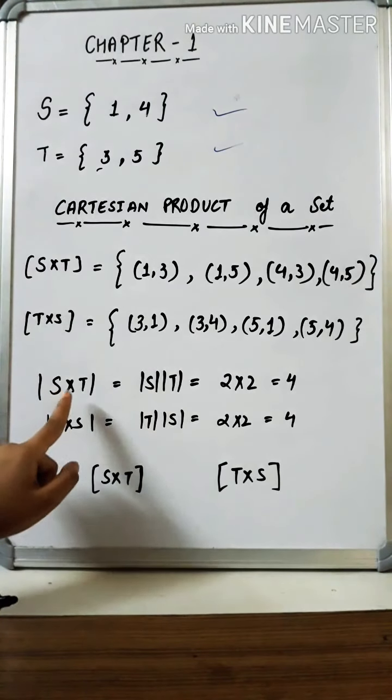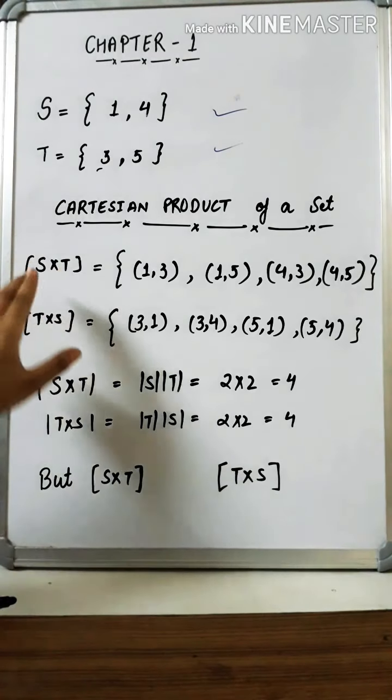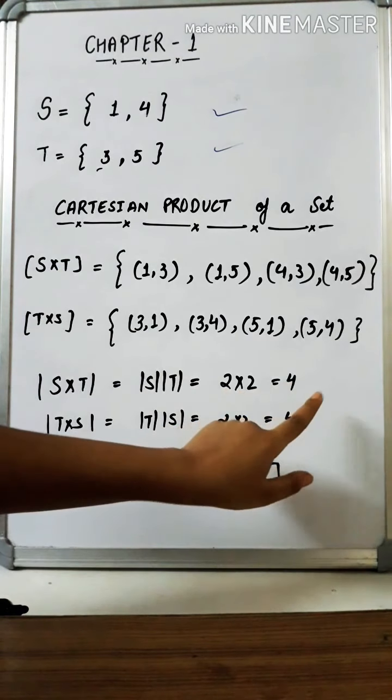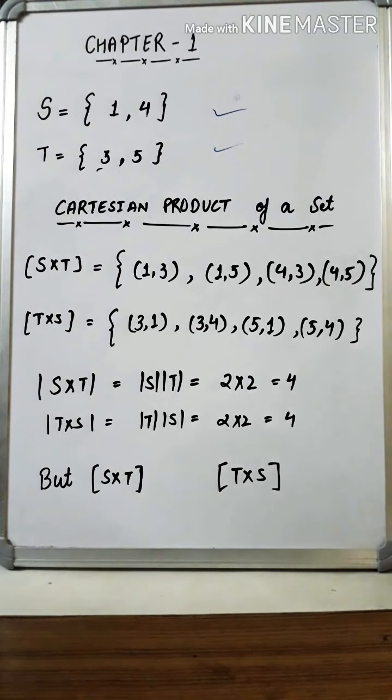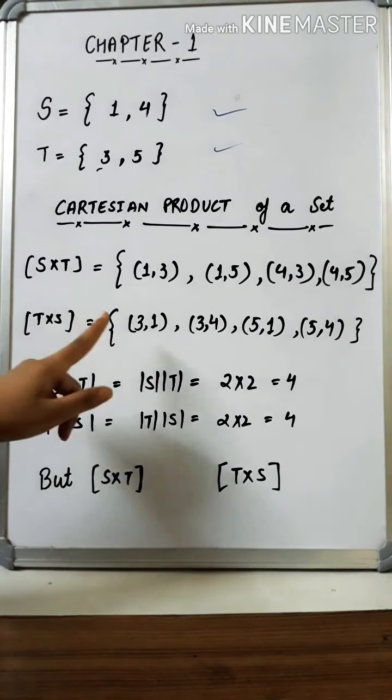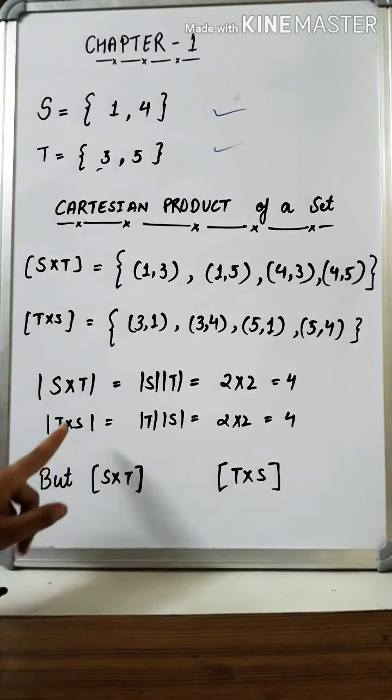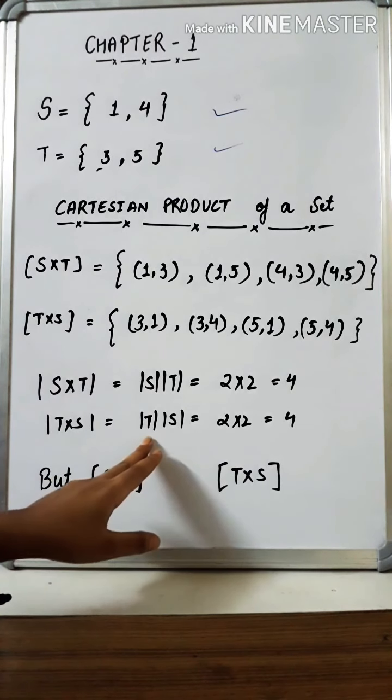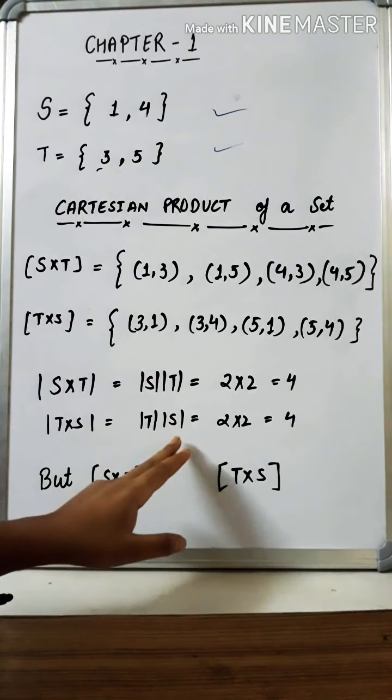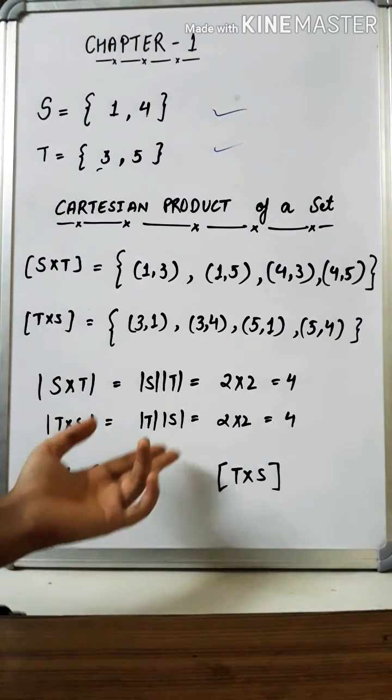So the cardinality of this Cartesian product set as a whole is 2 into 2, 4. And vice versa, if you have to find the cardinality of T cross S, you will take the number of elements in T and multiply them by the number of elements in S. That will also give 4.